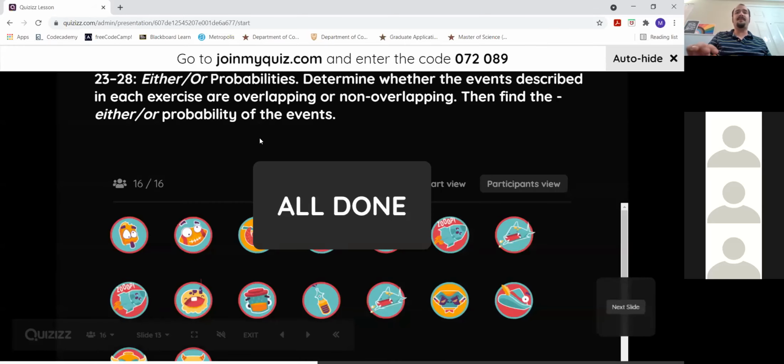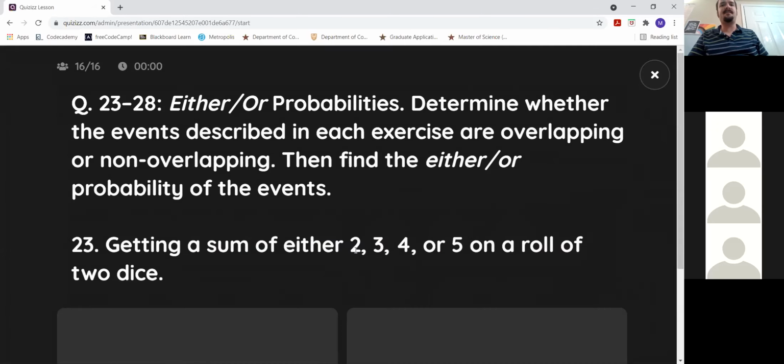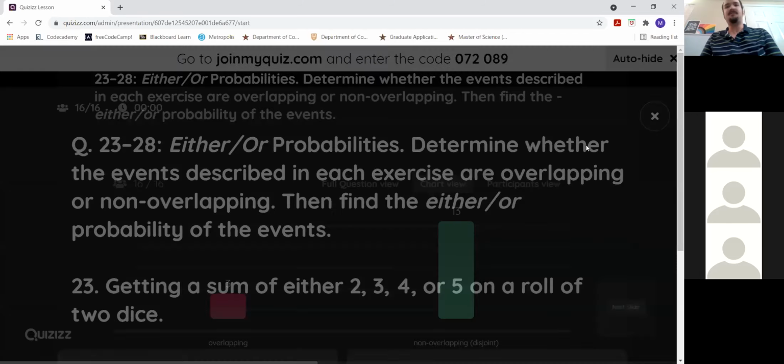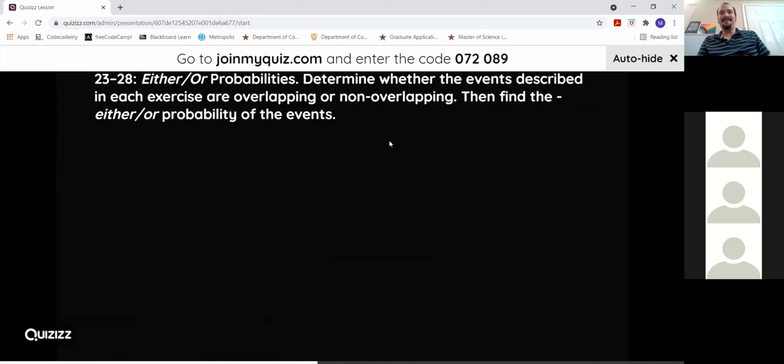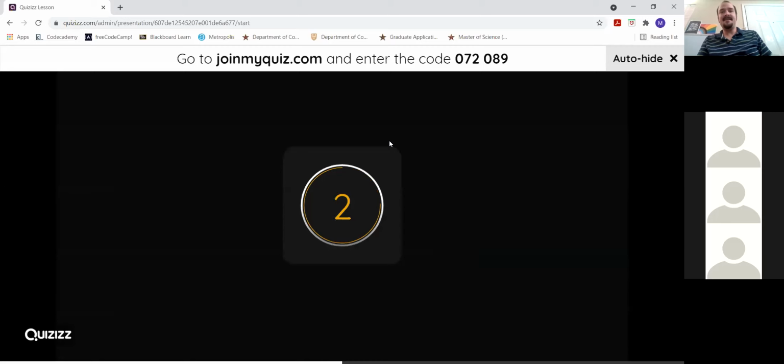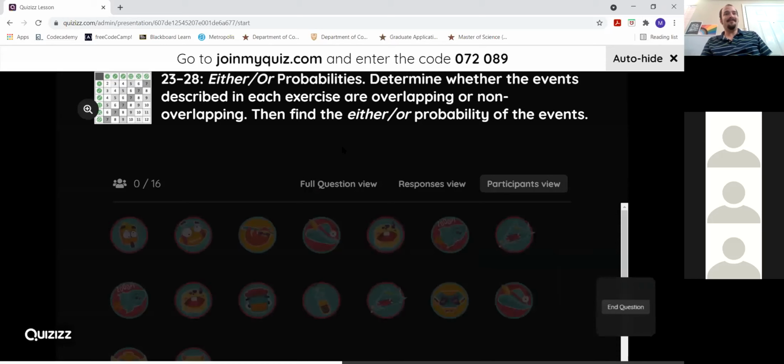And so what I hope you said is, if we look at getting a sum of a 2 and a 3, are we ever going to get a sum of both the 2 and a 3 at the same time? That's not how summing dice works. So these things are definitely non-overlapping. We're not going to get different sums at the same time when we sum dice. It is a distinct sum, right? It's not going to be both a sum of 2 and a sum of 5 at the same time.